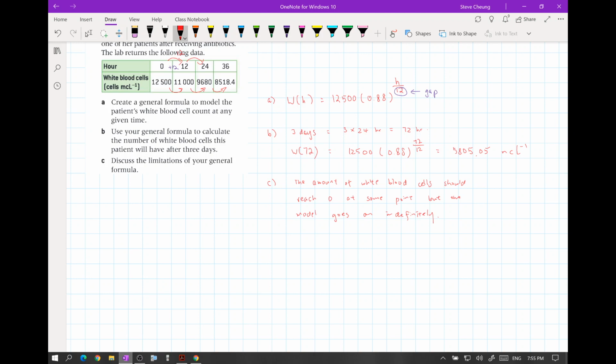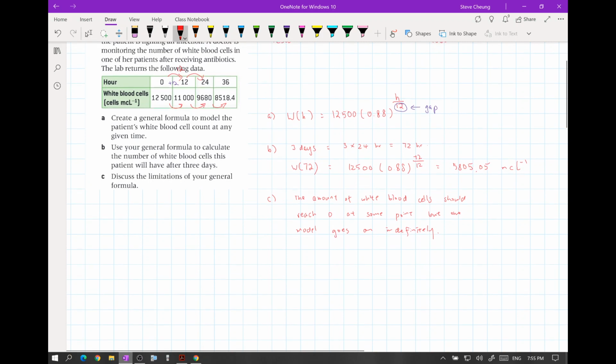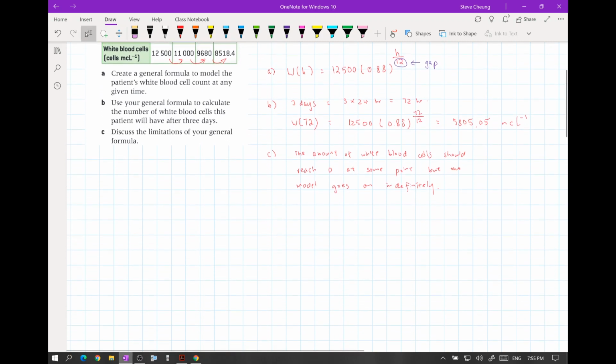Excuse my poor writing. Something along that line. Or you can say that the model itself may not be consistent, that you don't really assume that it's just going to be multiply by 0.88 after every 12 hours. It could be different, right? What happens if they get infected again?